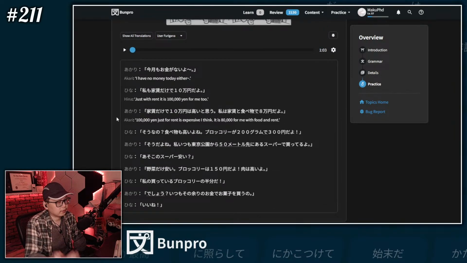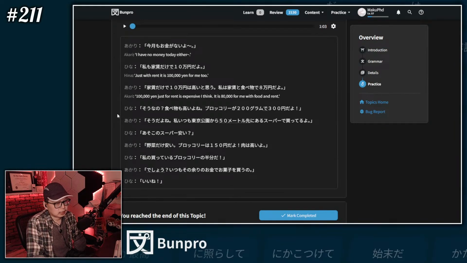And this is referring to, in contrast with Hina, what Akari is talking about. So Hina replies, really? そうなの? Groceries is expensive. Or they're claiming groceries is also expensive.